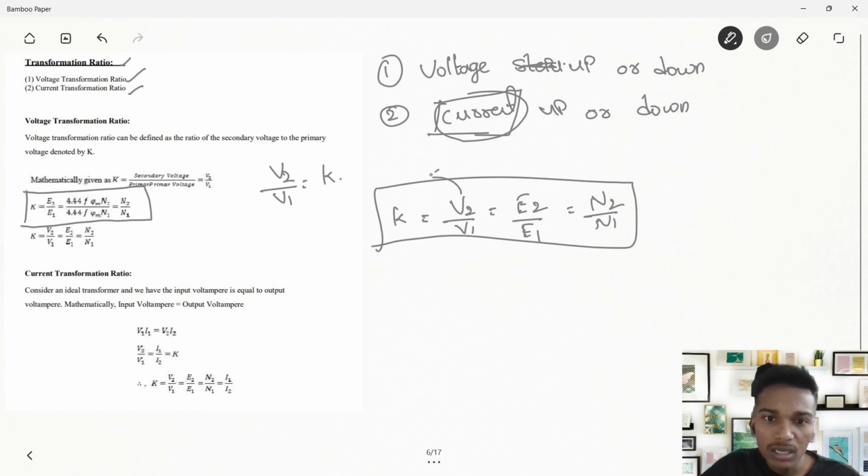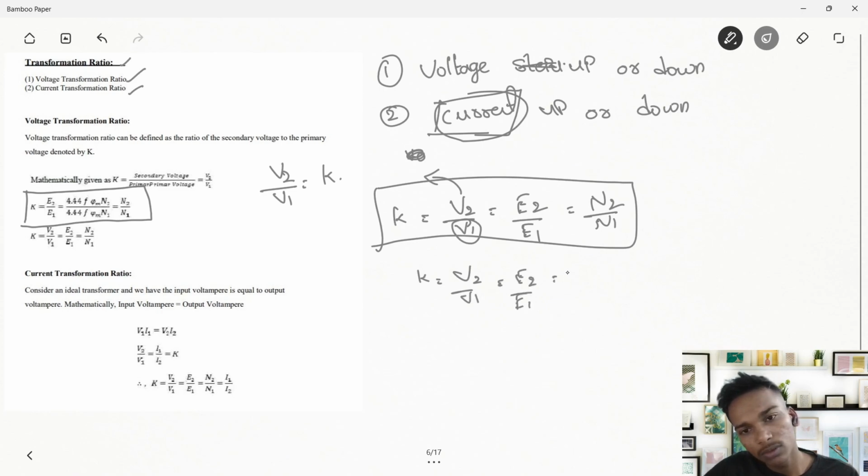Here V is the voltage in the winding, the primary voltage. V1 is equal to E1, but E2 will never be equal to V2 because there are some other things in it, which I will discuss later. Just remember K is V2 by V1, equal to E2 by E1, equal to N2 by N1.